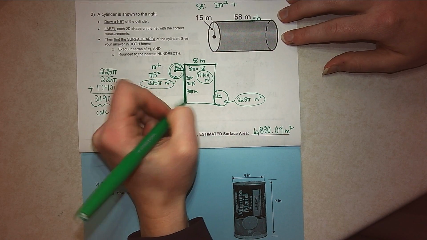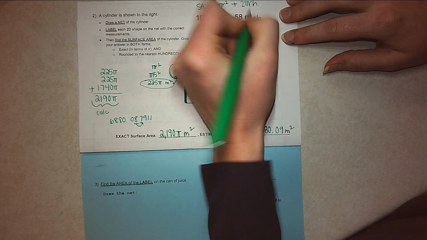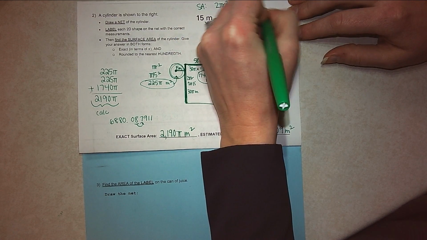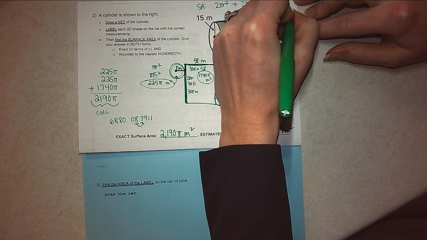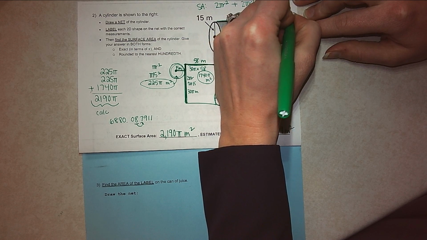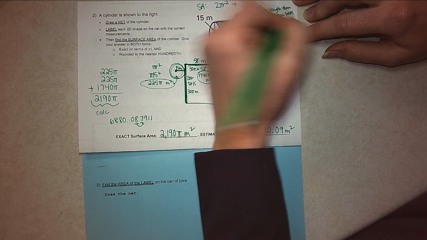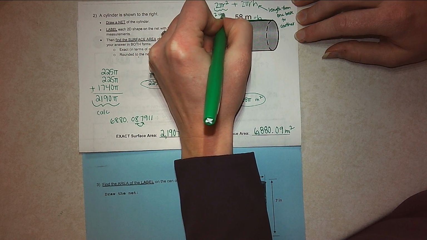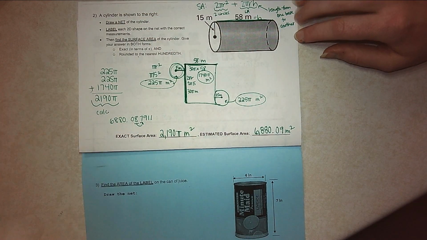Times our circumference, which our circumference formula is 2 pi r. And then we always multiply that again by the height. When we talk about height, we're talking about the length from one base to the other. And this part of the formula represents our two circles. This part of our formula represents what we call lateral area.